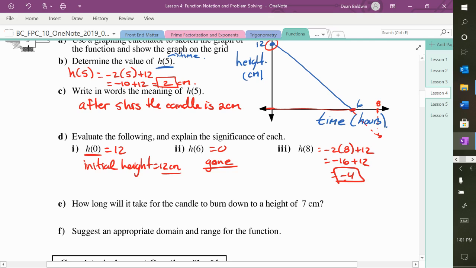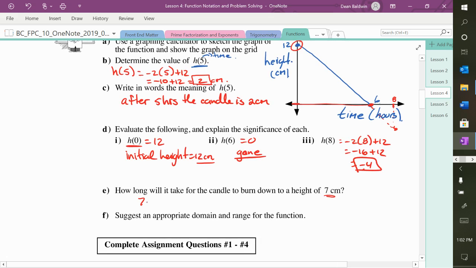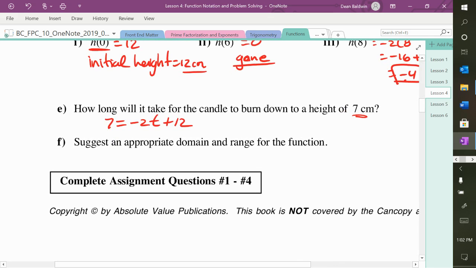E. How long will it take for the candle to burn down to a height of 7 centimeters? What am I going to do to solve this? What am I trying to figure out? I want the time, right? So if my equation is this, and I want to solve for time, 7 centimeters must be what h is. So you're going to have 7 is equal to negative 2t plus 12. And then it's an algebra problem. How do I solve for time?